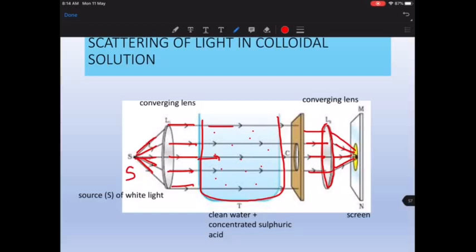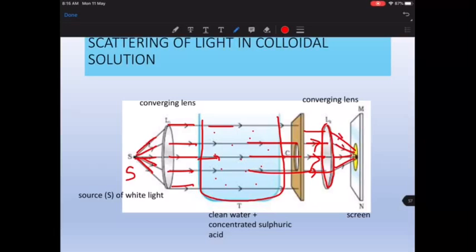It has a short wavelength, and the sulfur particles will be able to scatter it. But the stronger light, which is red, orange or yellow in color, will be able to pass through successfully. Only blue gets scattered. That's why you see the entire color of this water blue, correct? Only red and a little orangish light will actually pass through.